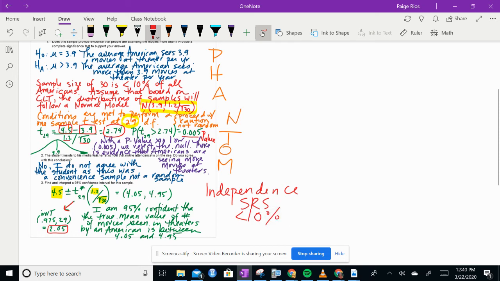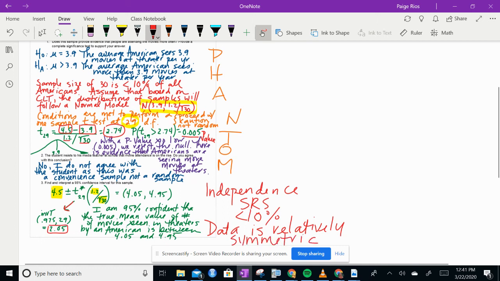We also need to check, if we're using data, that the data is relatively symmetric and unimodal. We'll look at some problems like that on the problem set. So make sure that you check the step-by-steps in chapter 22 in order to work through your problem set, and I will put a key in your folders as well.